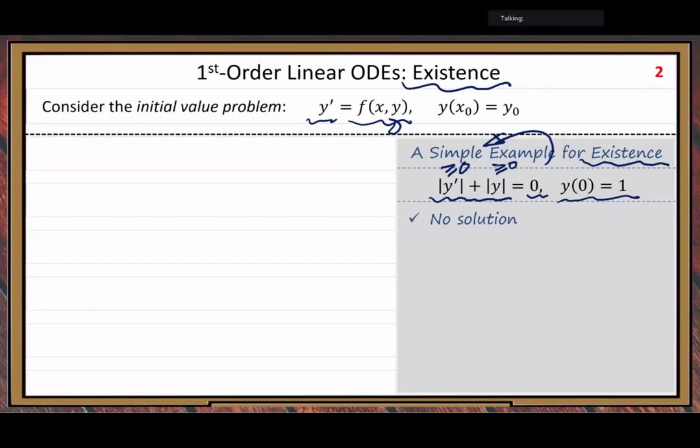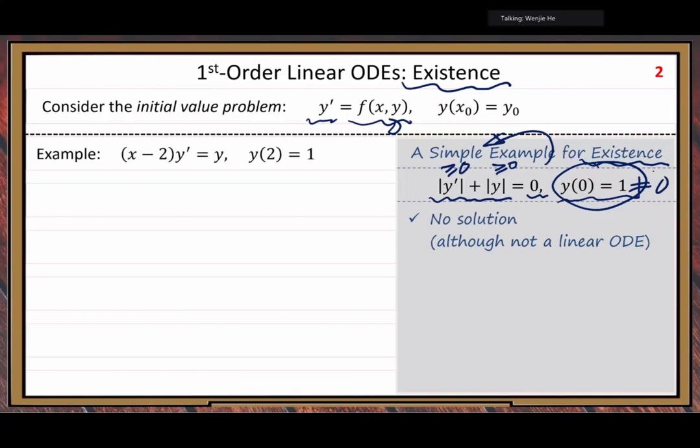So it forces y prime equals 0 and y equals 0 everywhere, not just at one point. But your initial value violates that requirement. Your initial value, y at 0 equals 1, is not 0. It's a contradiction.